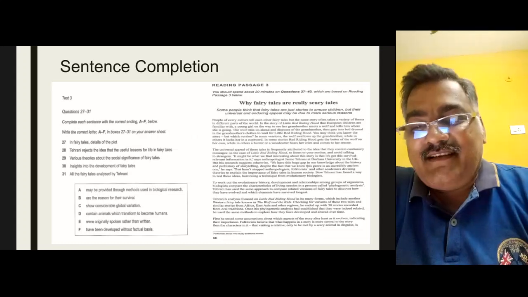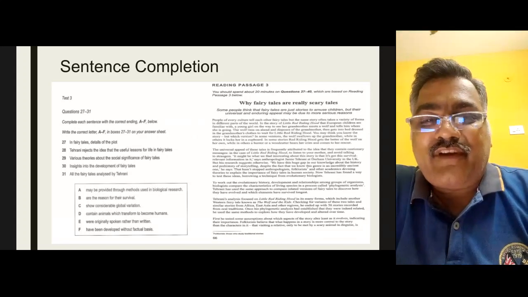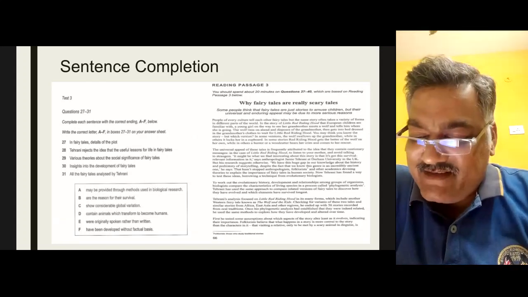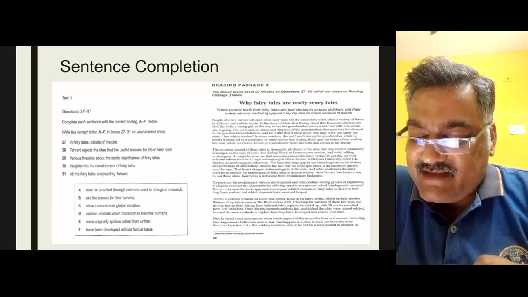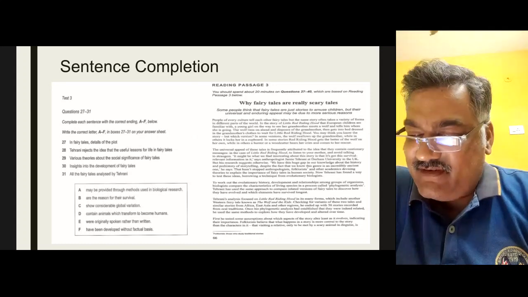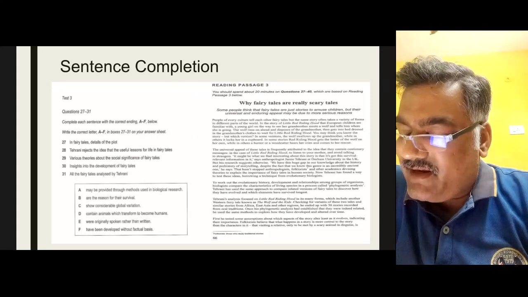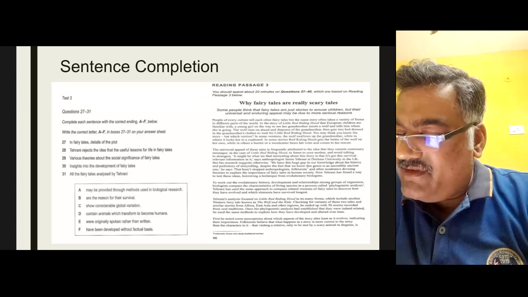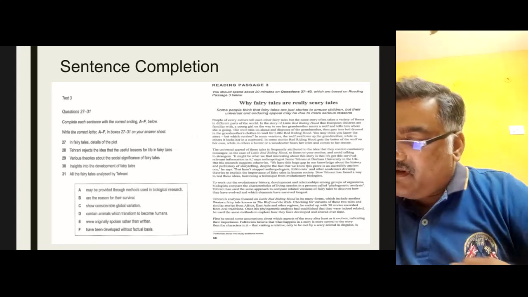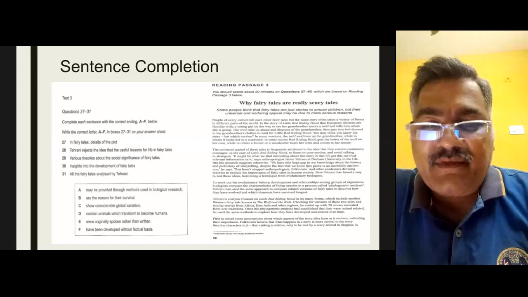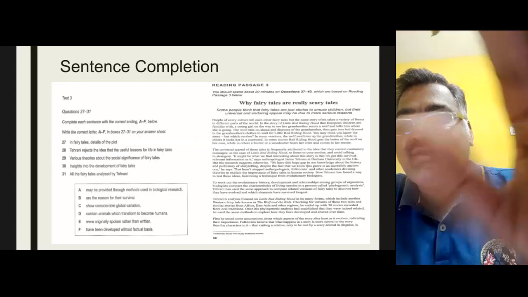All right. Kunal, it's a very good primer, but the answer is C. Show considerable global variation. If you look at paragraph 1, the last part of the paragraph, there is a small question asked over there.